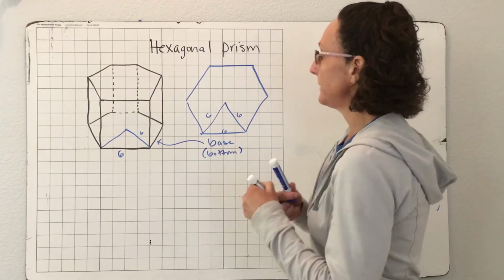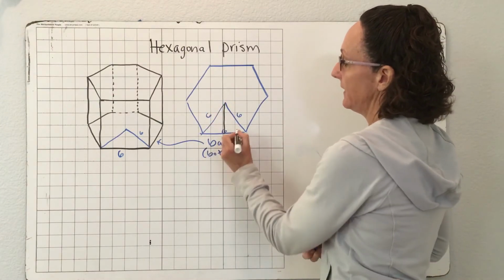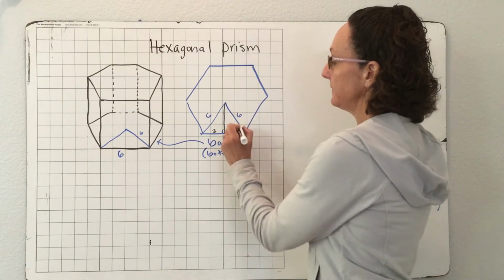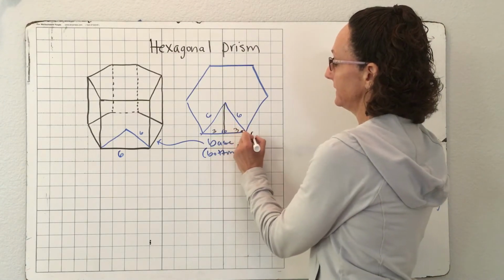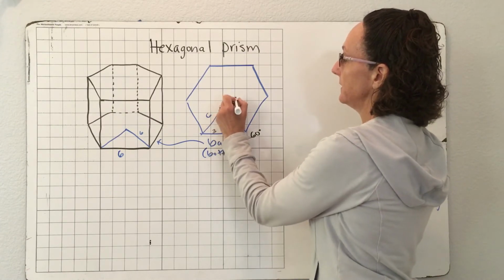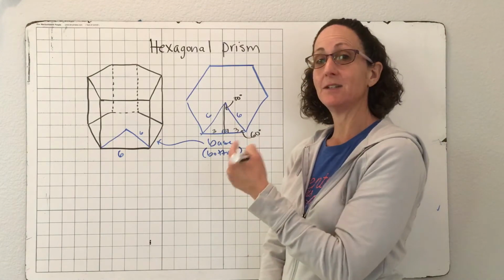Then hopefully you remember we drew a line, called the height. The height always breaks this up exactly in half. And remember this right here is a 60-degree angle. This is a 90-degree angle, and this is a 30-degree angle. So this is a 30, 60, 90 triangle.